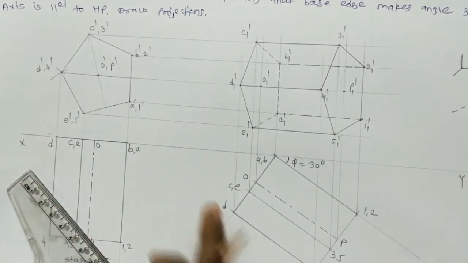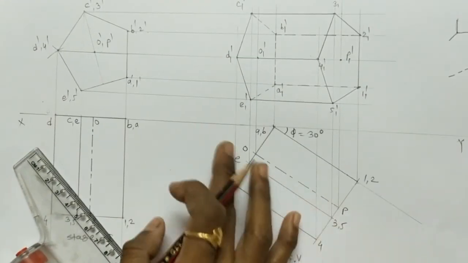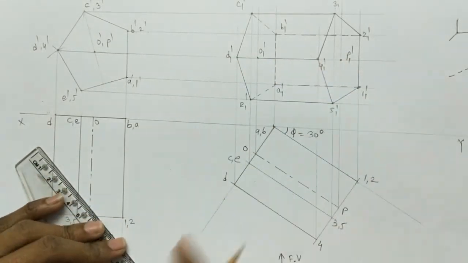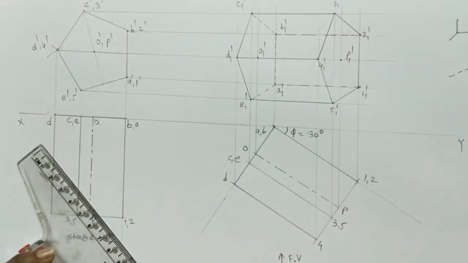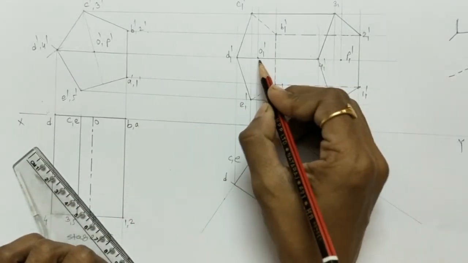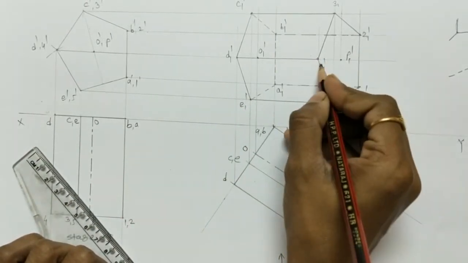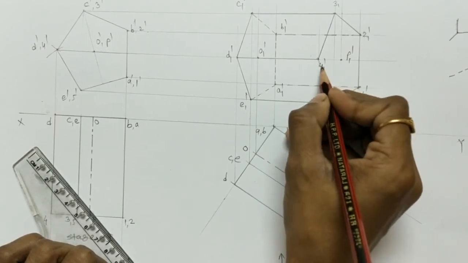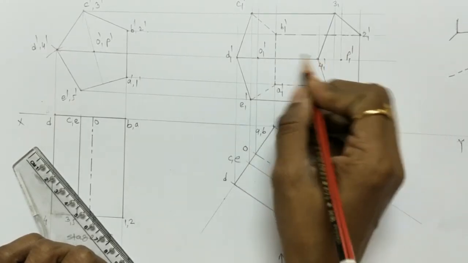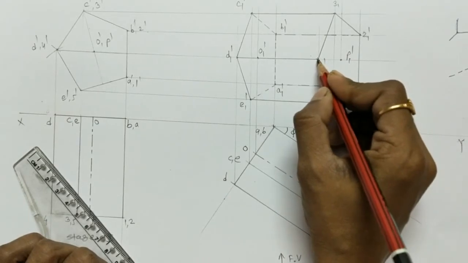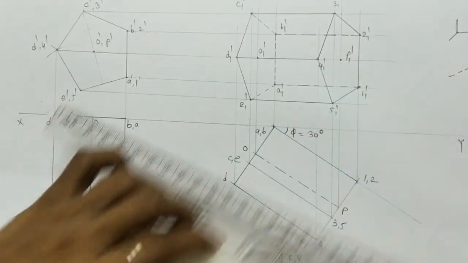Now OP is joined here in top view. So join O1 dash P1 dash here also, but already there is a dark line at point 4, 1 dash. So O1 4 1 dash already drawn. So what is remaining? 4 1 dash to P1 dash.